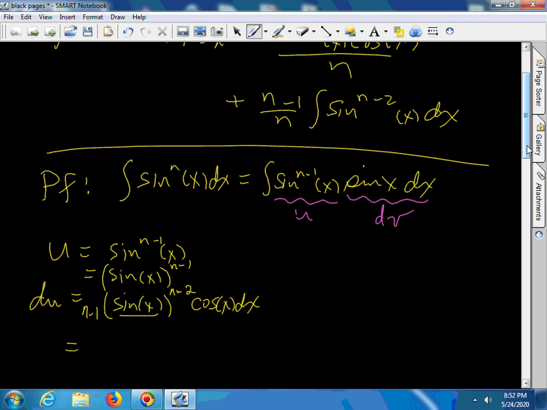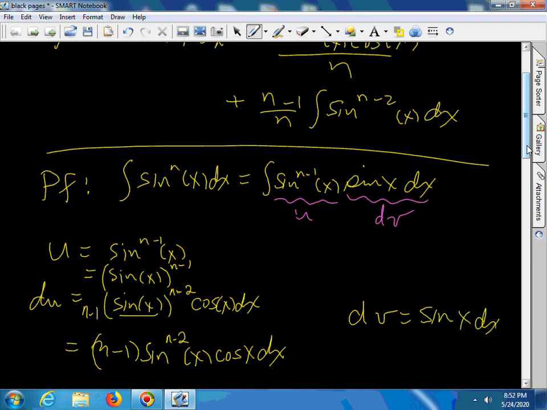And what we get is, let me just write it down again. It's n minus 1 sine raised to the n minus 2 power, times cosine of x dx. Okay, that's du. dv, well, we decided that that was sine x dx.